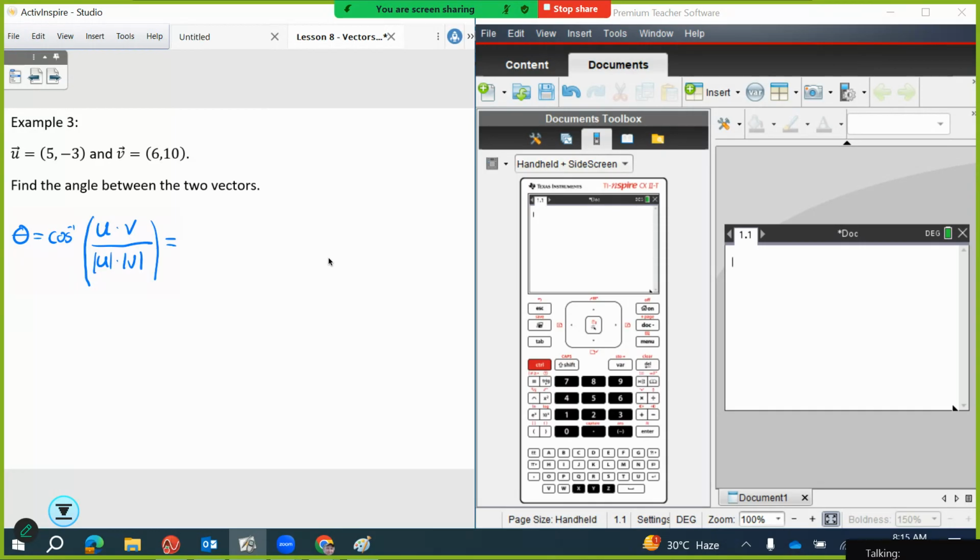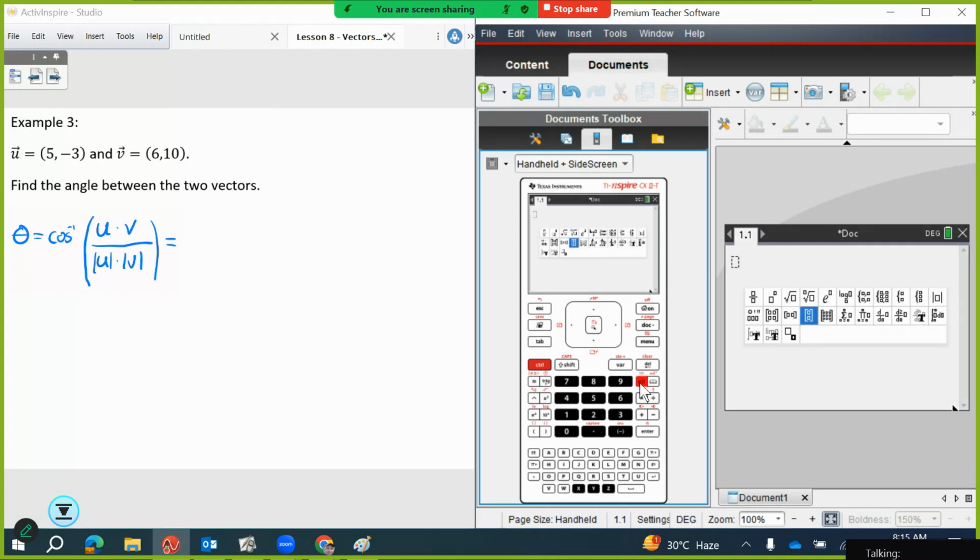Okay, so I'm going to show you how to do some routines on the calculator. First, next to the 9, you can see the templates button. Click the templates button. Up pops this. Scroll to this bit in the middle, which will give us a 2x1 vector.